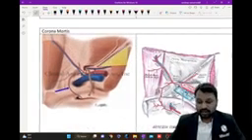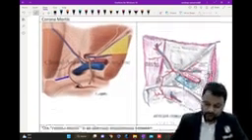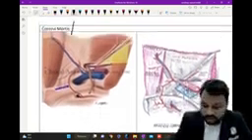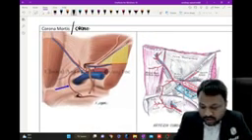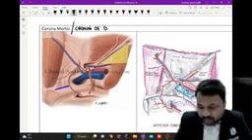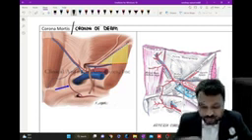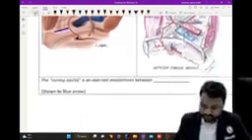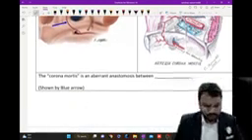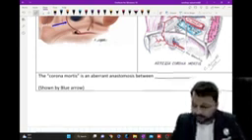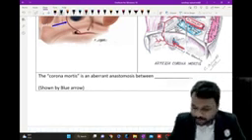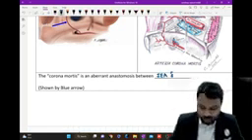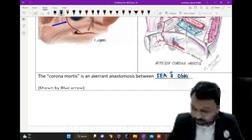Now there is another variant which is called the corona mortis. The corona mortis is also called the crown of death. Now in the crown of death, this is an aberrant anastomosis between the inferior epigastric artery and the obturator artery.